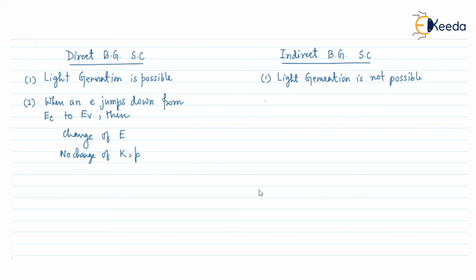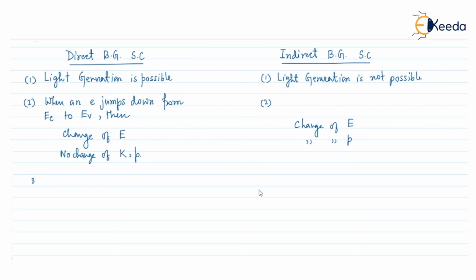But in the case of an indirect band gap semiconductor, when an electron jumps down from Ec to Ev, there will be a change of energy as well as a change of momentum.